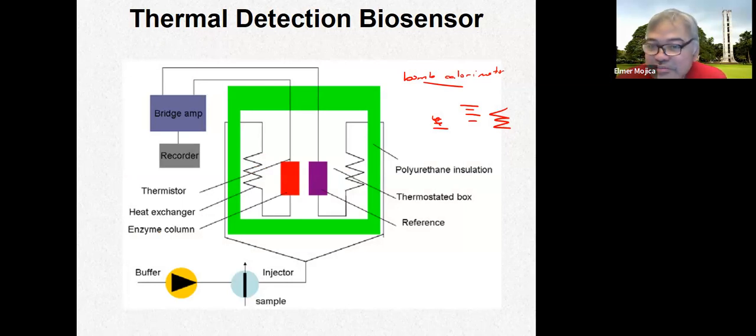Now, the advantage of this is you don't need to have a frequent calibration. And it is insensitive to electrochemical and optical properties of the sample. And they use it usually for what? Pathogenic bacteria and pesticides.